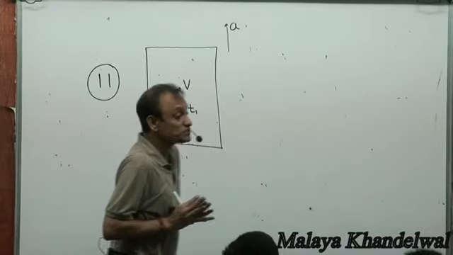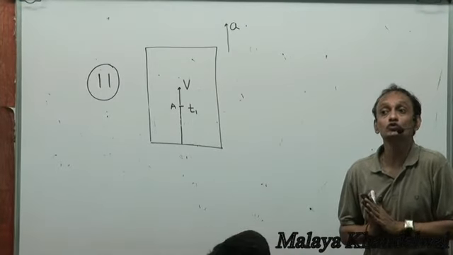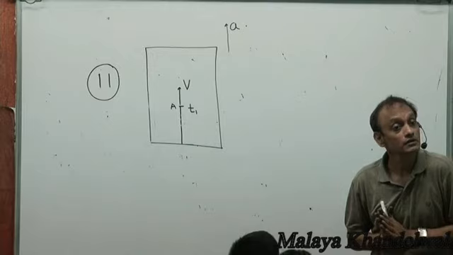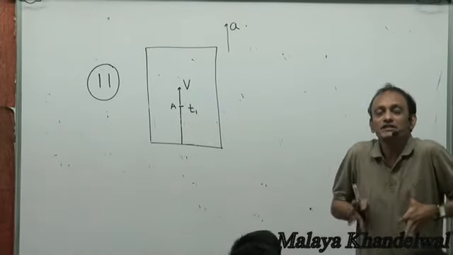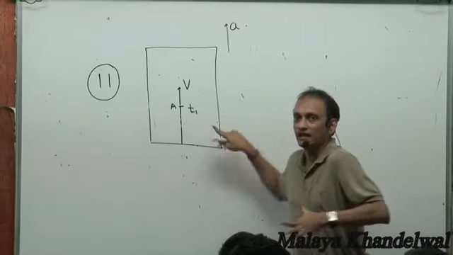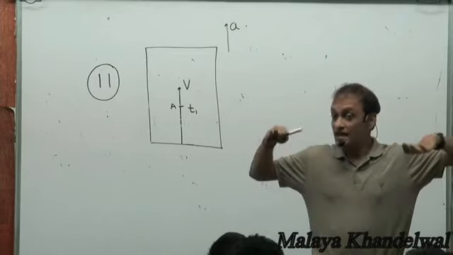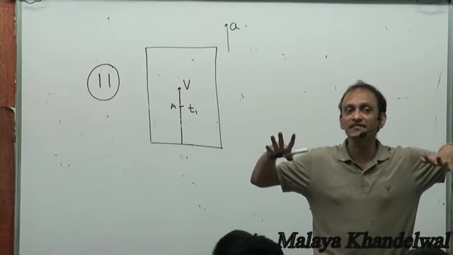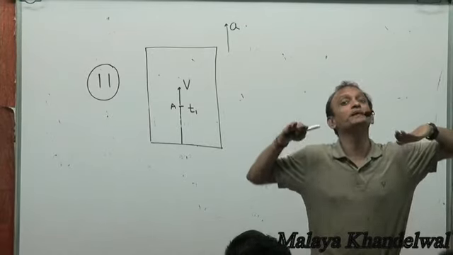I'm going to solve this problem with the notion of relative velocity. That means I will imagine the man and therefore the lift to be my observer. That will be my frame of reference. I will treat the man and the elevator as my frame of reference, as my observer, as if I'm pinning them down.